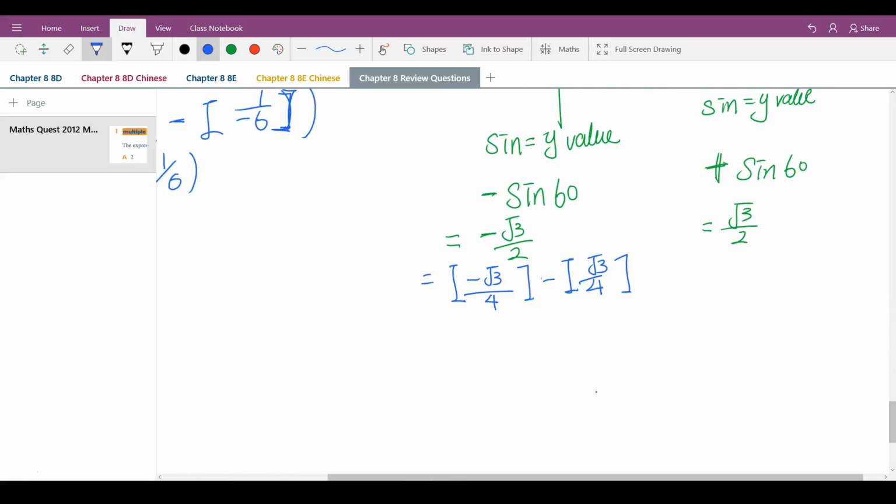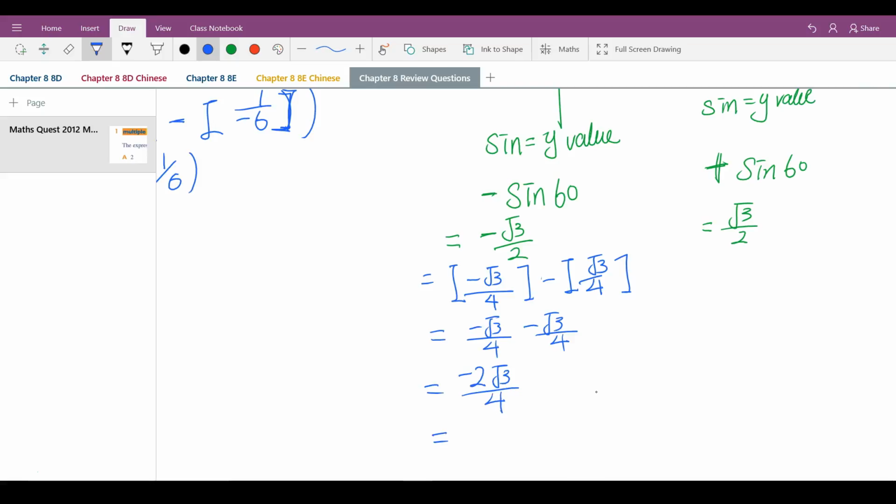And now when you minus them, it's like when you expand the bracket later on, it's just two lots of root 3 over 4. So it becomes negative 2 root 3 over 4, two lots of it.